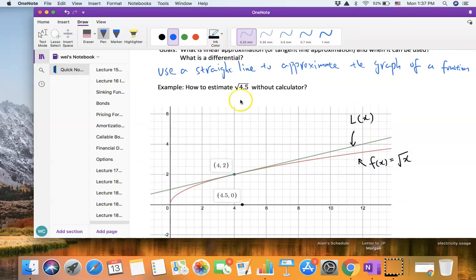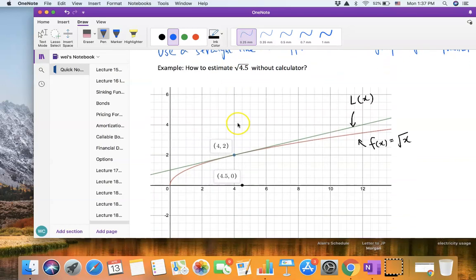We know that we are not able to find out what this equals if we don't have a calculator, right? So I will need to set up a straight line and then use the function value of that straight line when x equals 4.5 to approximate this number.